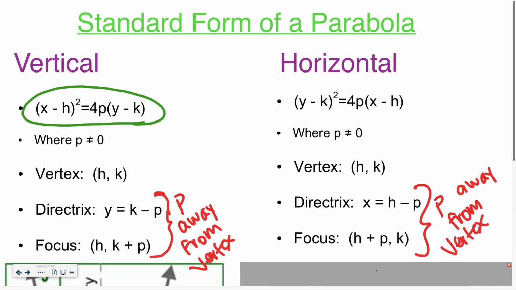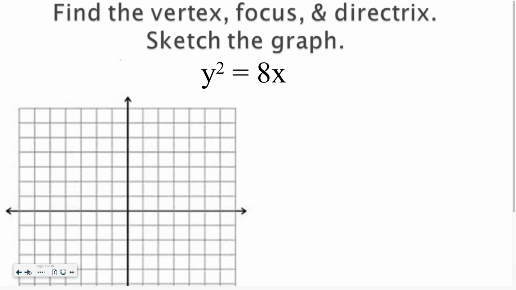We need y minus k squared equals 4p times x minus h. Since y is squared, the coefficient needs to be with the linear variable, which is opposite from what we used to do. Here I have a squared term and the coefficient is with the linear term, so we're actually good. The reason it looks so awkward is because we don't have that y minus k or x minus h.